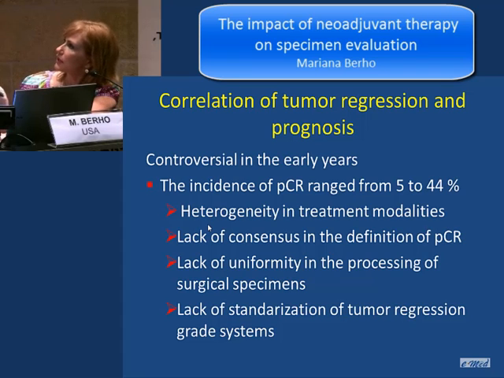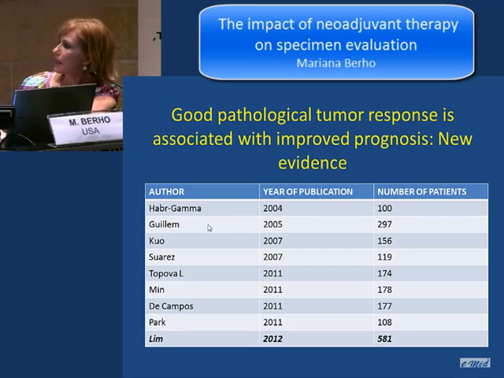Okay, in terms of the tumor regression with prognosis, it is very similar, controversial results with a ypTN for the same reasons. Now, I think that lately, particularly this year, this study over here that is not yet published in the Journal of Surgical Oncology is composed of 581 patients, and they did see that a good pathological response correlates with better prognosis and a decreased incidence of local recurrence.